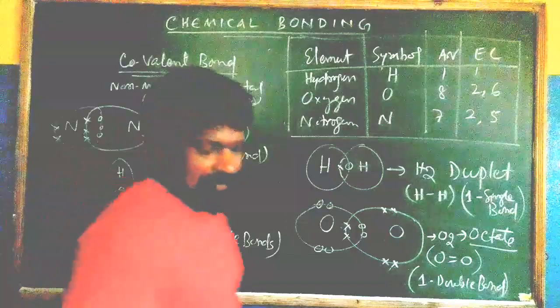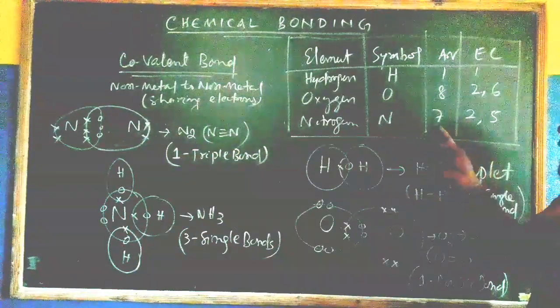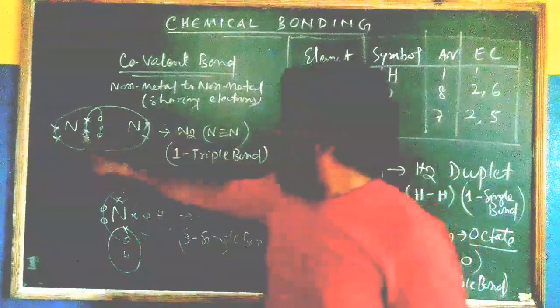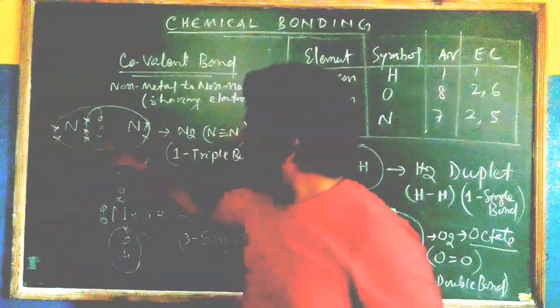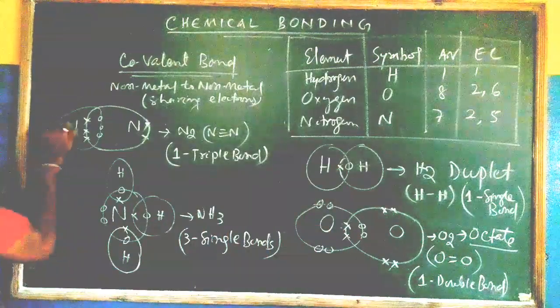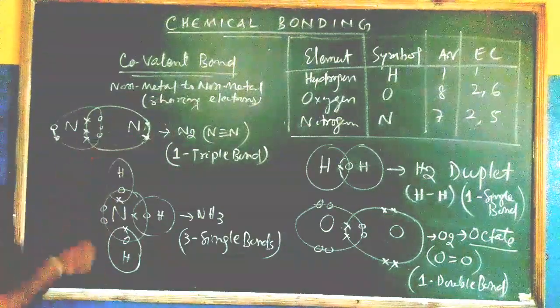Coming to the third case, nitrogen has atomic number 7, so the outermost orbit has only 5 electrons. This nitrogen has 1, 2, 3, 4, 5 and this particular nitrogen also 1, 2, 3, 4, 5.